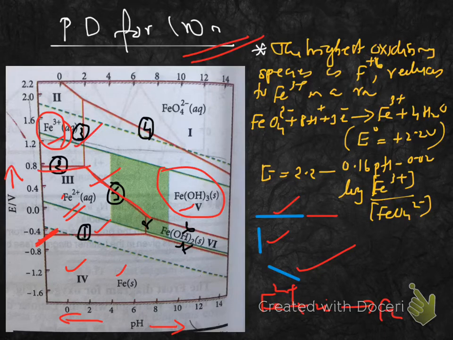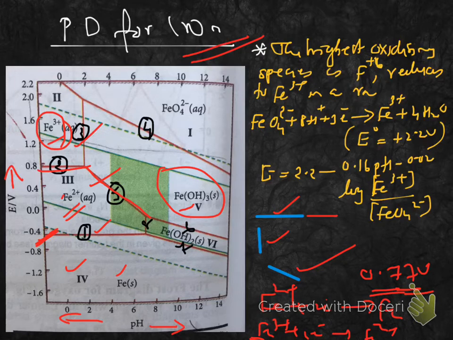Line 2 represents the equilibrium between Fe2 plus and Fe3 plus. Fe3 plus 1 electron gives Fe2 plus. This equilibrium can be established at a potential of 0.77 volt. Above this potential, Fe3 plus is the predominant species.